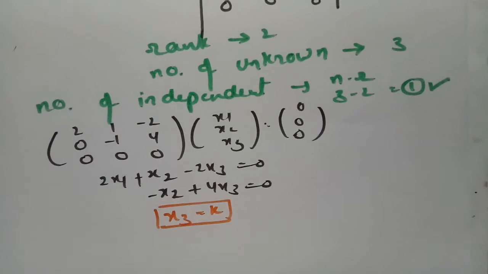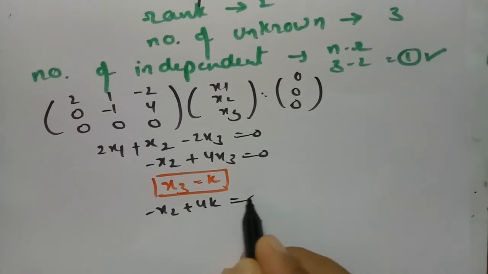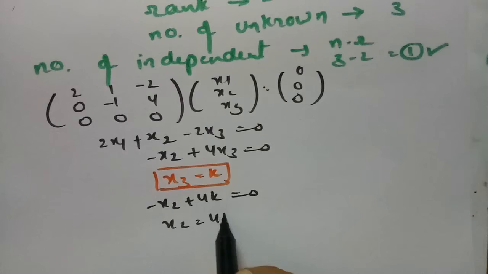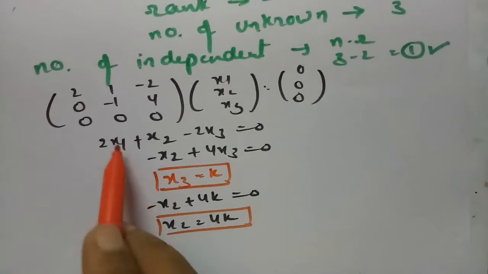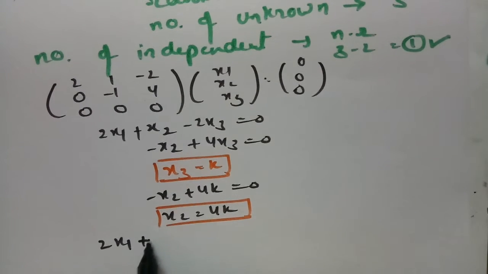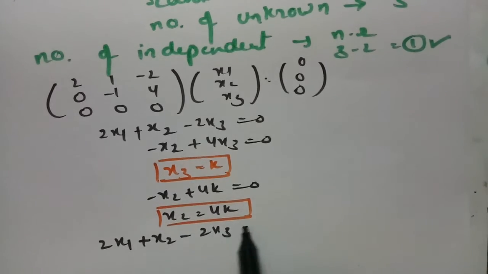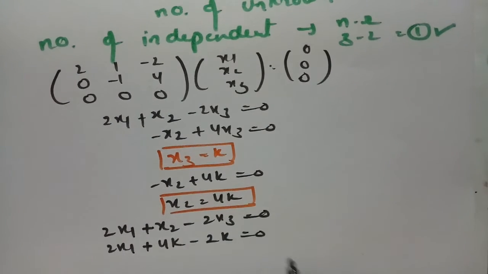If I take x3 is equal to k, then minus x2 plus 4k is equal to 0 and x2 is equal to 4k. After getting the x2 value, again if I substitute here in this equation, I will be getting x1. So 2x1 plus x2 minus 2x3 is equal to 0. This is 2x1 plus 4k minus 2k is equal to 0.